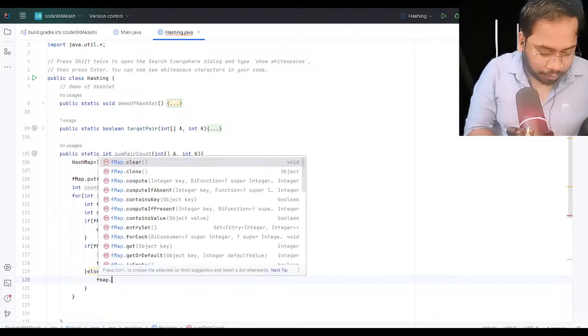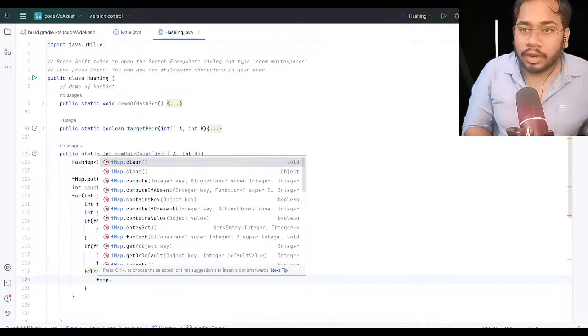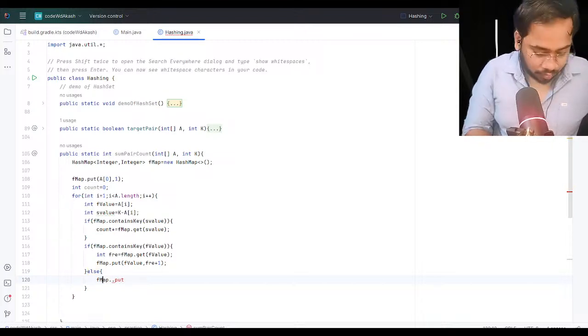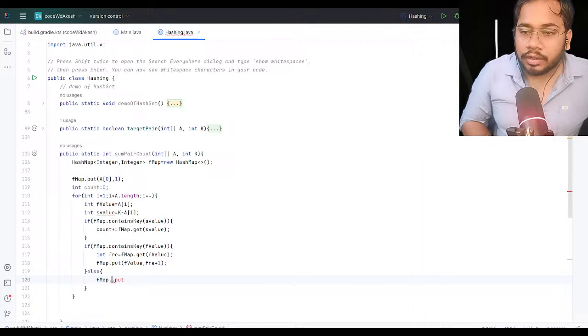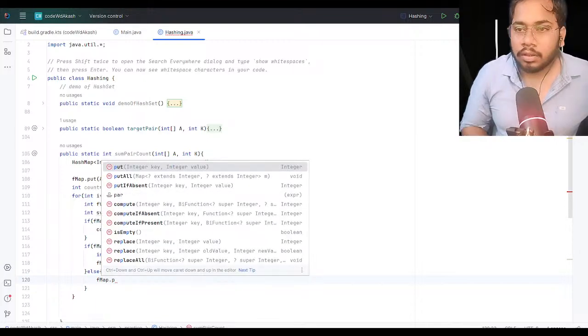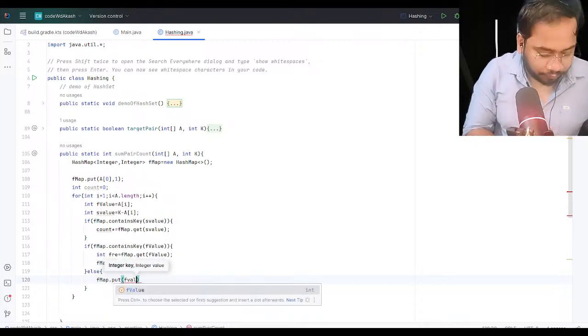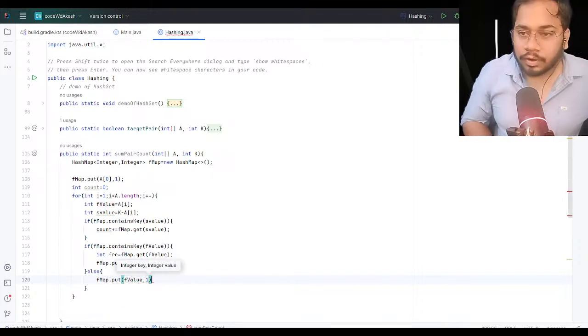If that is not present, just put it with dot put, that value f value with frequency 1.